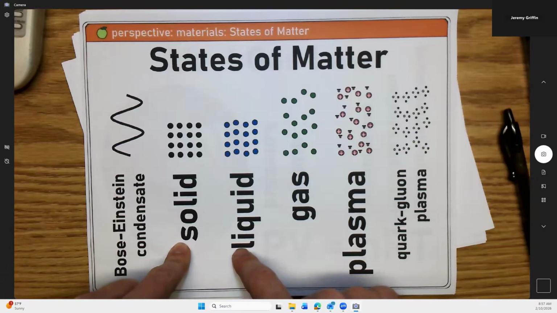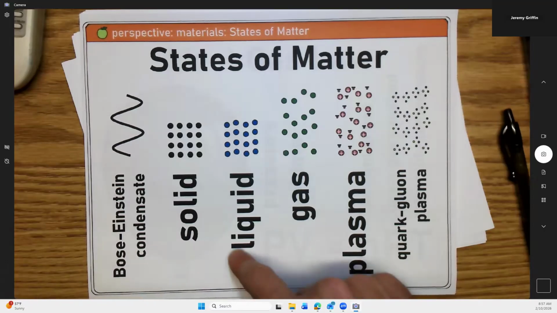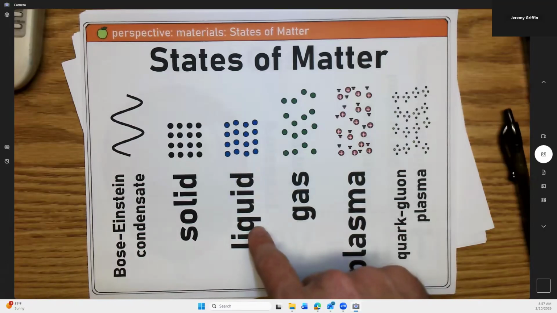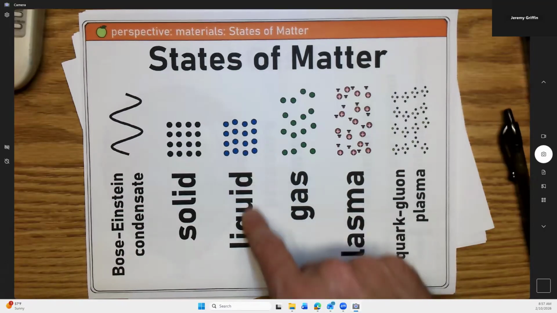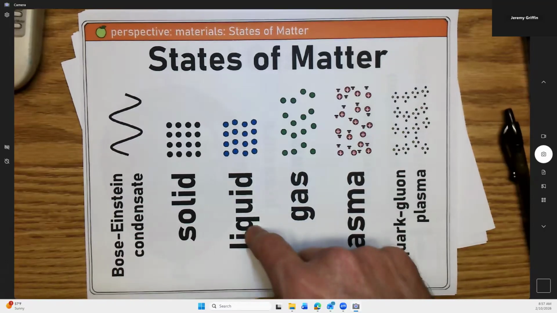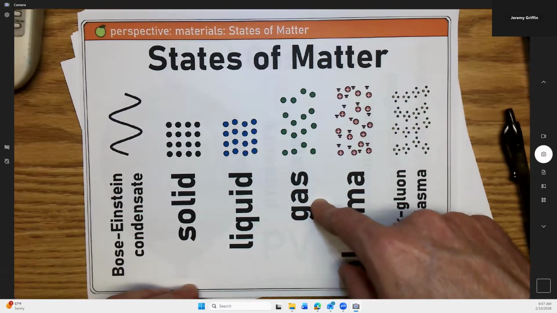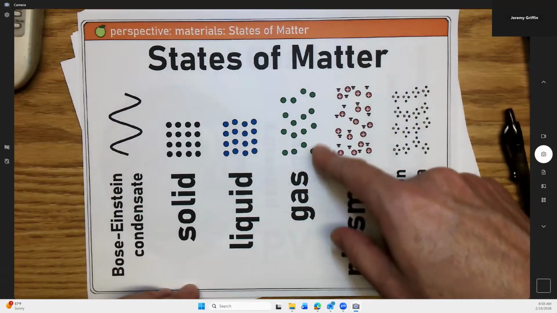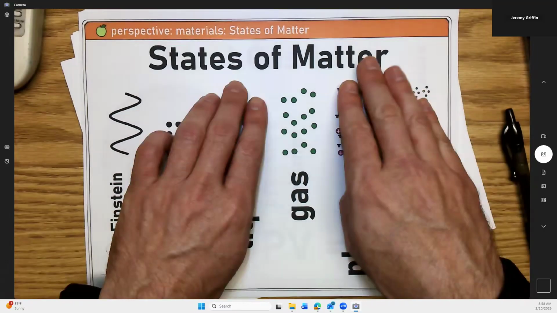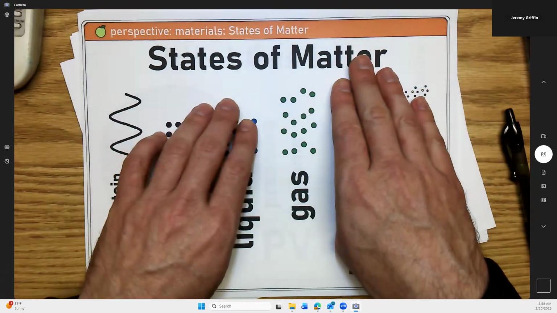But a solid is usually something that has a defined shape, and a liquid does not. A liquid normally fills the container in terms of shape, but it does have a fixed volume. And a gas has not necessarily a fixed shape, so you can stretch it and compress it, and you can change the pressure. So a gas would have neither a fixed shape nor a fixed volume.